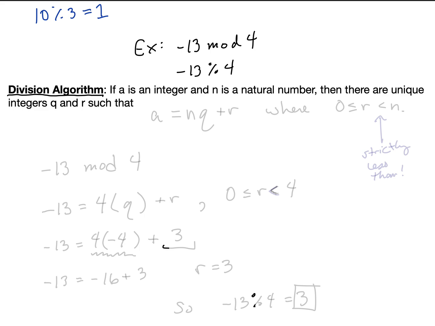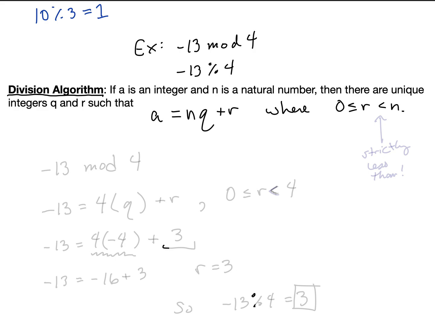The division algorithm states that if a is an integer and n is a natural number, then there are unique integers q and r such that a is equal to n times q plus r, where r is between 0 and n. So what's important here is that r is greater than or equal to 0 and less than or equal to n, the integer that's dividing.